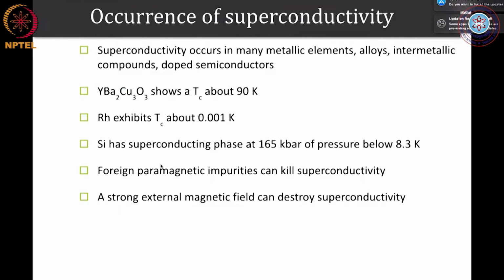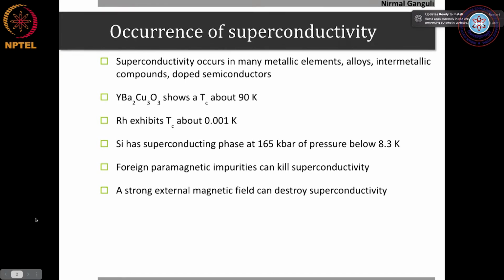Here we discuss some properties of superconductivity. Superconductivity occurs in many metallic elements, alloys, intermetallic compounds and doped semiconductors as well, and it has a widely varying range of critical temperature.